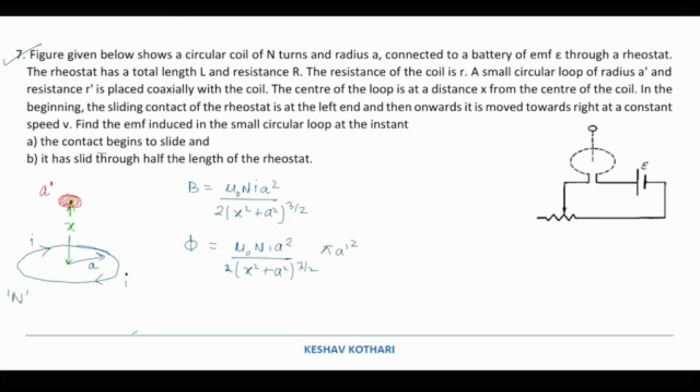We have multiplied it with this area, and over here we can calculate that the rate of change of flux is regarded as the magnitude of EMF. So the magnitude of EMF, which is equal to d phi by dt, we can write in this way: mu naught n pi a square a dash square upon twice of x square plus a square to the power 3 by 2 times di by dt.